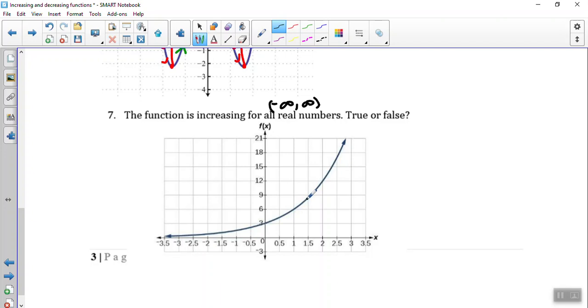You can say maybe this is a turning point. No, it isn't, because it would turn back down if that was a turning point. So since it's all going up, we can say that yes, this is true. The function is increasing from negative infinity to positive infinity, okay?